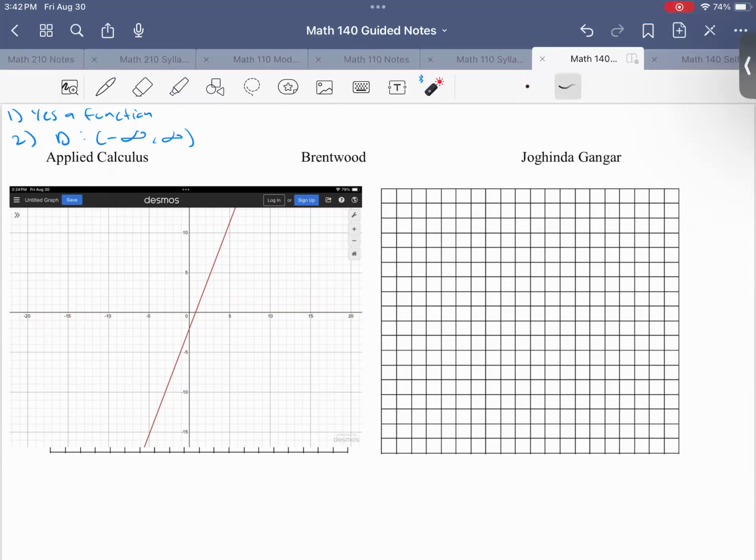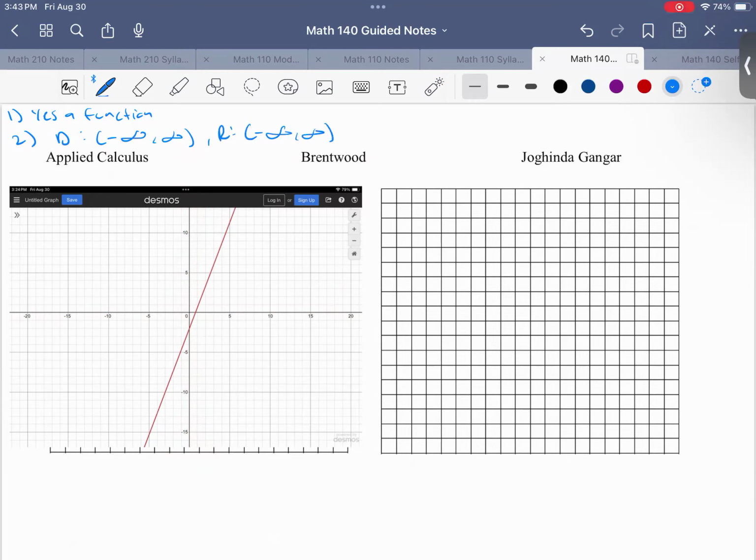Okay. And likewise for our range, we're going off forever this way and that way. So what does forever mean? Infinity. So our range is just from negative infinity to infinity. We're not stopping anywhere.